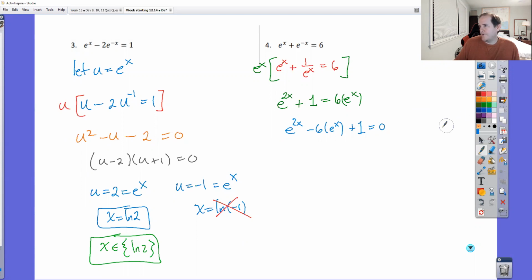I'm going to forego the u substitution this time and just do this one directly as well. E to the 2x is essentially e to the x squared. So if I go to factor, it'll be an e to the x times an e to the x. And, okay, stupid me. Yeah, we can't factor. There's obviously no way to get factors of a 1 that make a 6. So forget that I ever tried to factor.